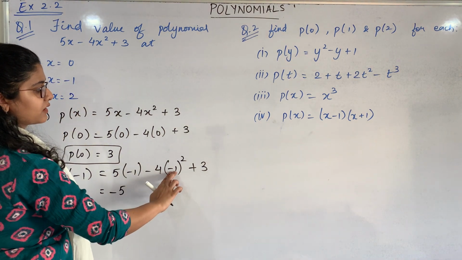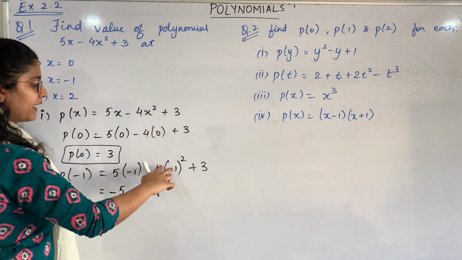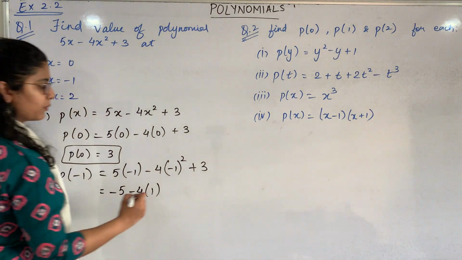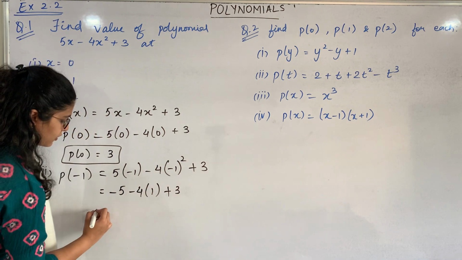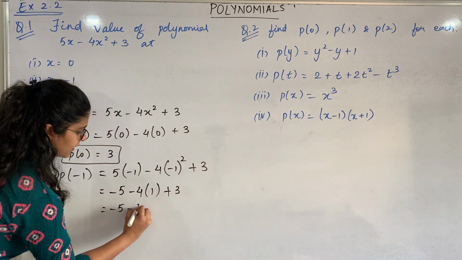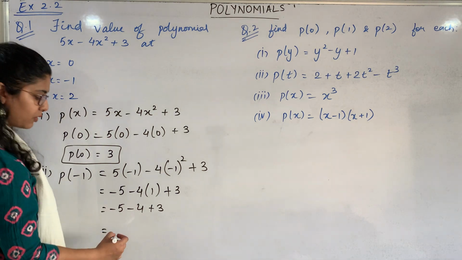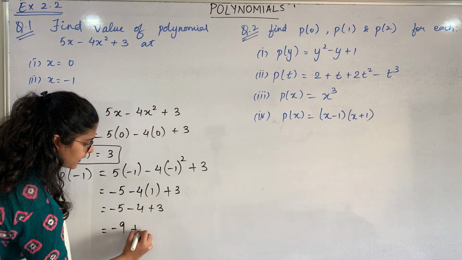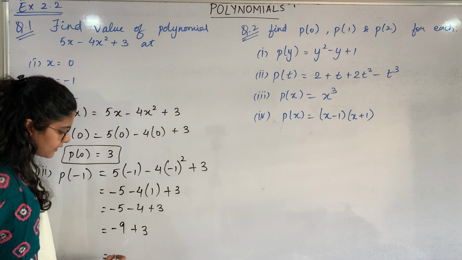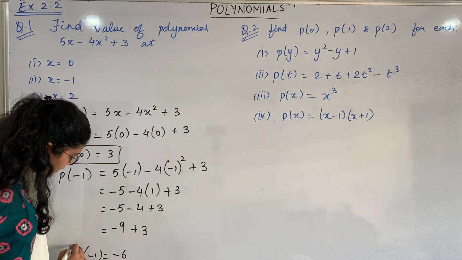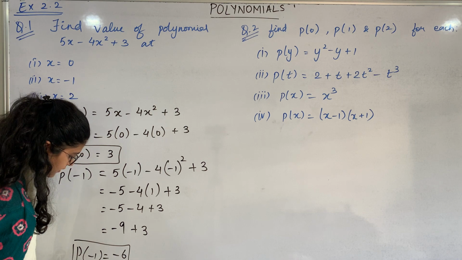Now see minus 1 whole square. So your answer will come down to positive 1 plus 3. So you have minus 5 minus 4 plus 3. Minus 5 minus 4 is minus 9 plus 3, and minus 9 plus 3 is minus 6. So basically P of minus 1, क्या आ गया आपके पास, minus 6.